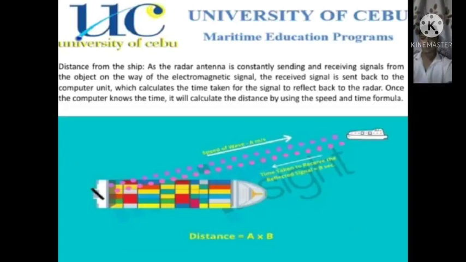For distance from the ship, the radar antenna is constantly sending and receiving signals from the object by way of the electromagnetic signals. The received signal is sent back to the computer unit, which calculates the time taken for the signal to reflect back to the radar. Once the computer knows that time, it will calculate the distance by using the speed and time formula.